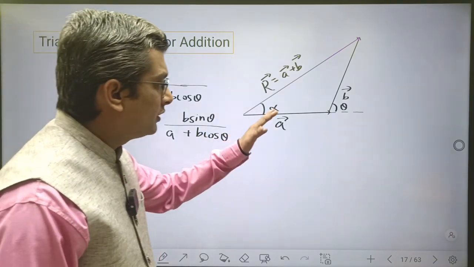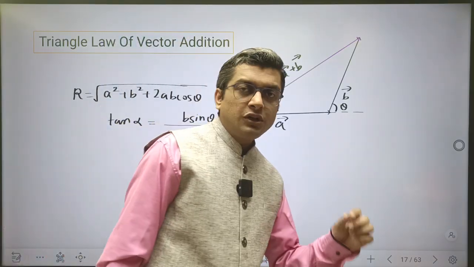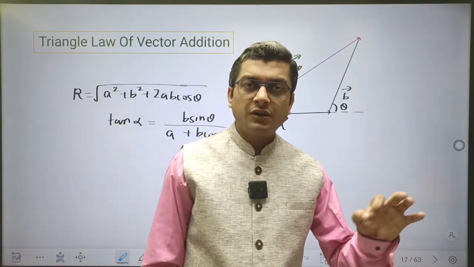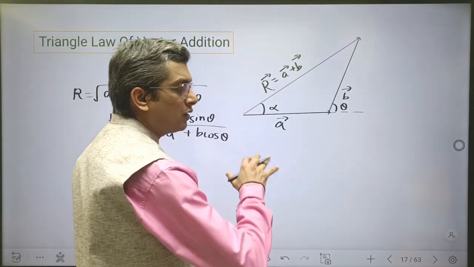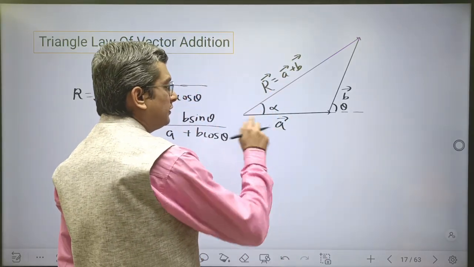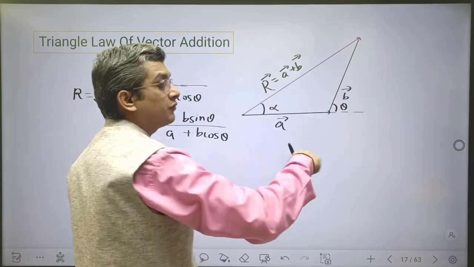So you must remember just one thing: in the parallelogram law both the vectors start from the same point. But in the triangle law, this is the starting point of the first vector, then the second vector starts from the head of the first vector.